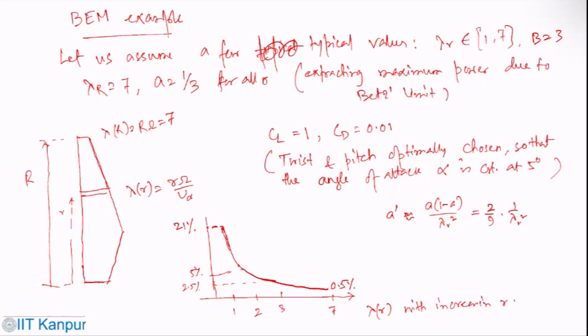So that's what you have. Okay. Now, what we can get, we estimate the local solidity using equation 35b. Okay.